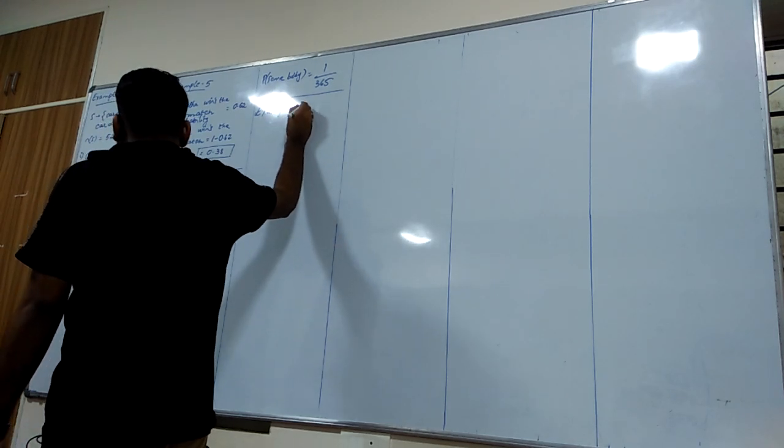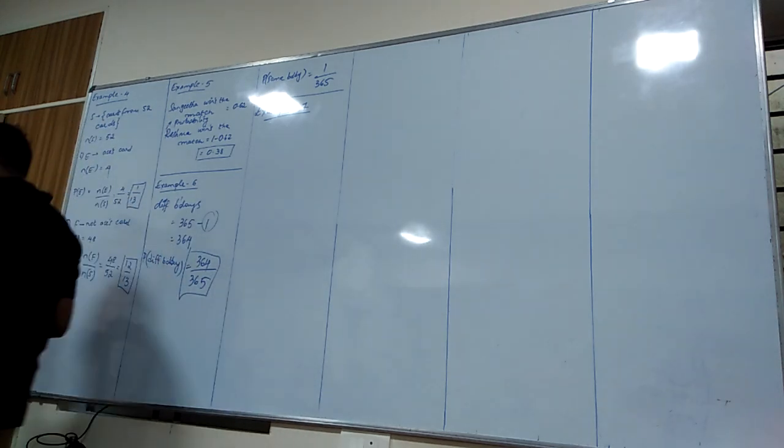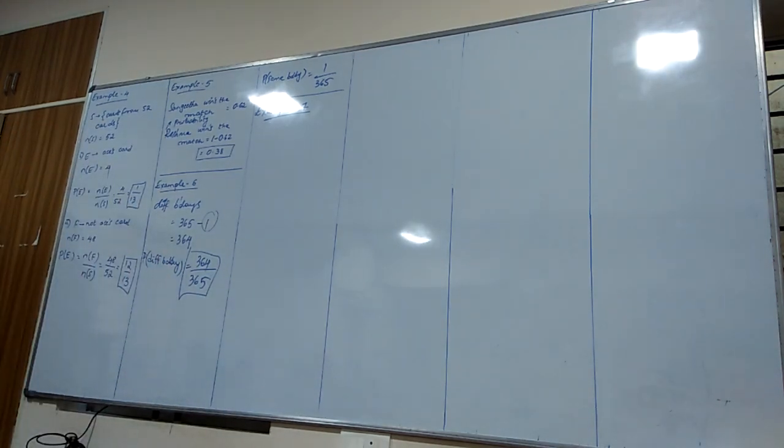Example number 7. There are 40 students in class 10 of a school, of whom 25 are girls and 15 are boys. The class teacher has selected one student as a class representative.